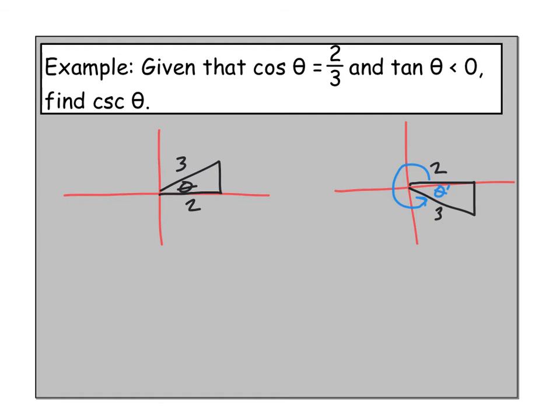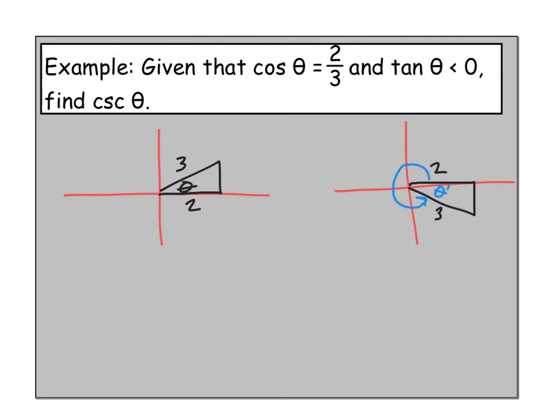So we need to figure out, are we in quadrant 1, like the first option, or quadrant 4, like the second option? That's going to make a difference in what we do when we need cosecant for our final answer. Just remember with these, the hypotenuse is always positive, no matter what quadrant you're in.